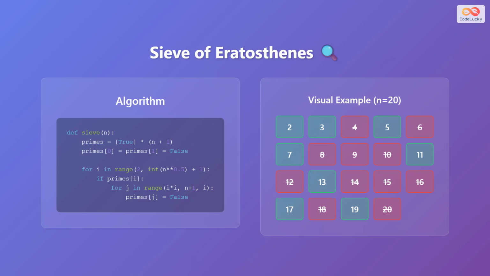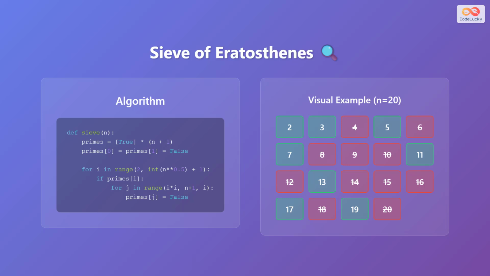The Sieve of Eratosthenes is another efficient algorithm for finding all prime numbers up to a specified integer. Here's how it works. We start by creating a list of Boolean values called primes, which are all set to true initially. The indices of the Boolean array represent the number we are considering. We set primes at index 0 and primes at index 1 to false, because 0 and 1 are not prime.